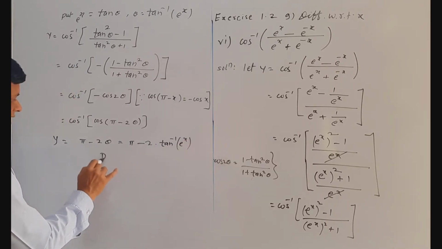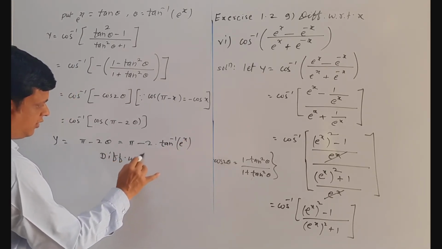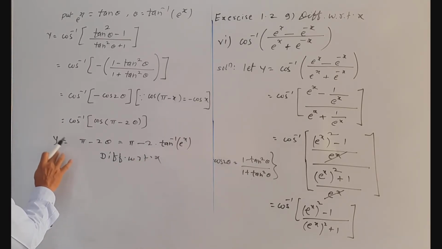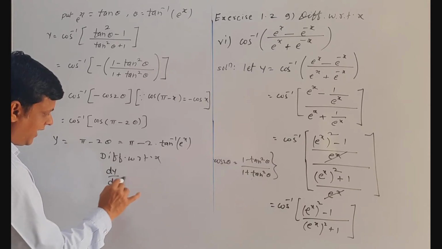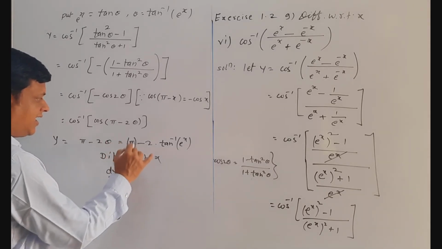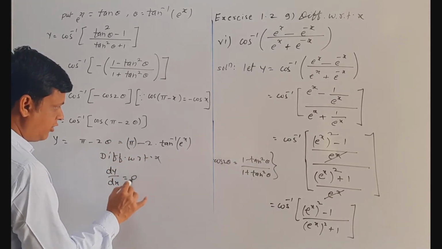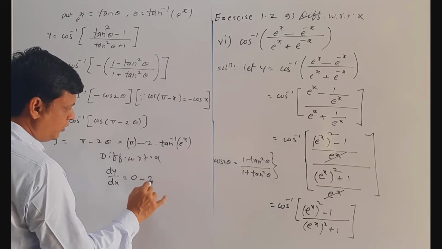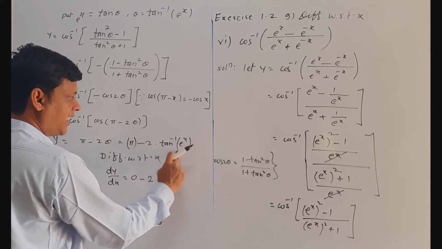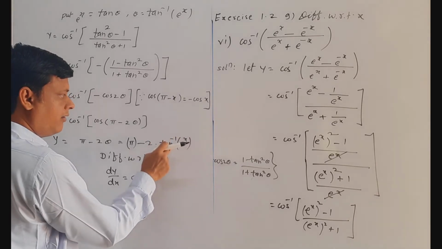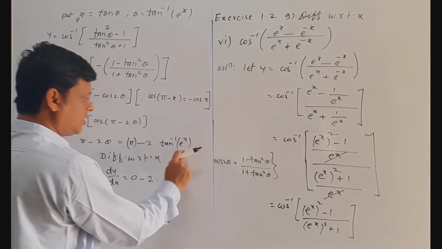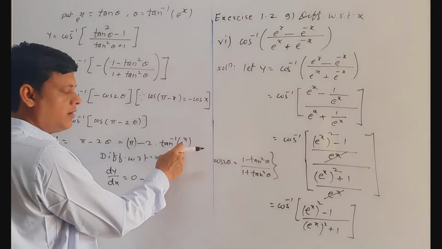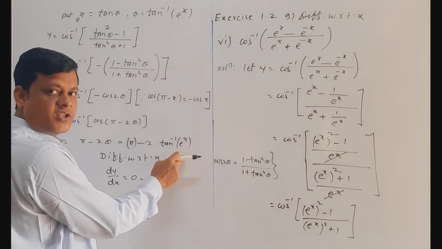So we differentiate this function with respect to x. Now derivative of y is dy by dx. Pi is a constant, so its derivative is 0 minus, keep 2 as it is, then the derivative of this tan inverse function. Now this is a composite function, and in the inner bracket here is an exponential function.